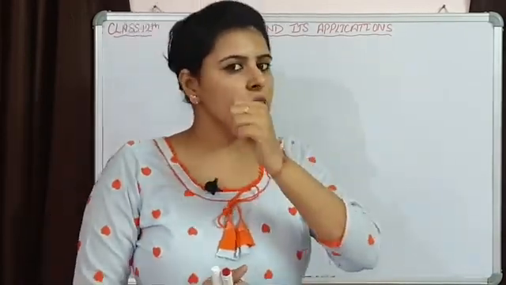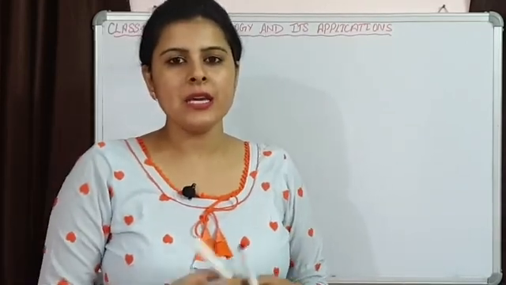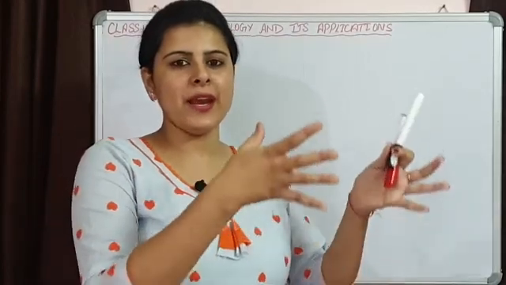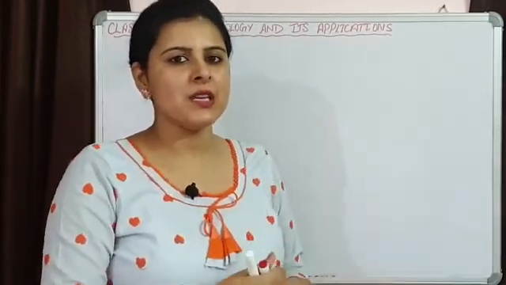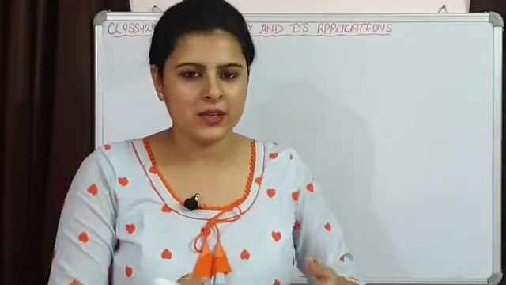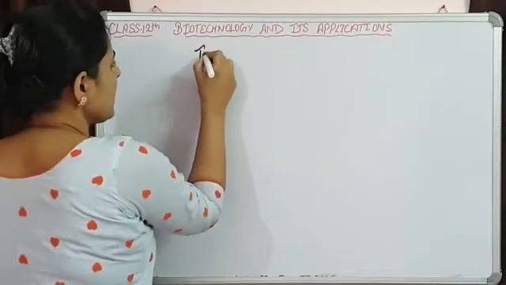So, we are generally using the methods of biotechnology in producing transgenic organisms, or we simply say genetically modified organisms, because here we are going to deal with the genome of an organism. So, we need to understand about the transgenic organisms.